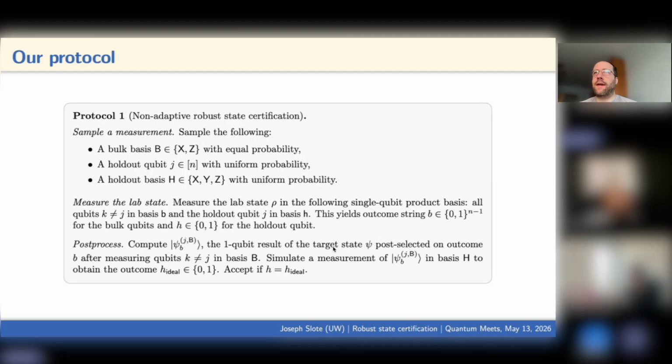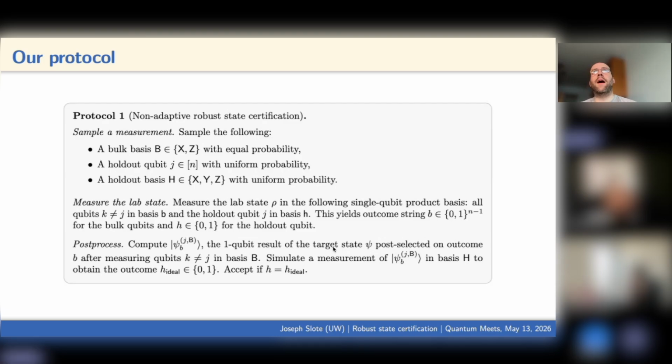So you do need it to be informationally complete on the last qubit. But for the rest, you'll see it gets related to some uncertainty principle. And so we do need these two bases, but I don't think it will help to have more, in any super meaningful way.